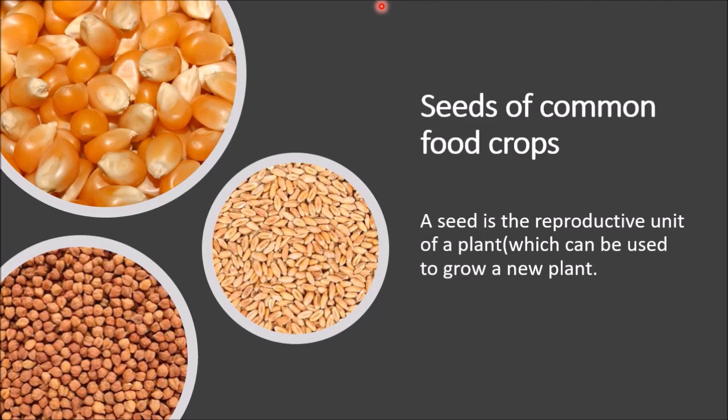When the seed gets suitable conditions, the right environment, or you can say favorable conditions, like water, air, warmth, etc., it starts germinating. And when it germinates, a new baby plant grows out of the seed. So in this way, the parent plant reproduces more plants like itself by forming seeds through flowers.